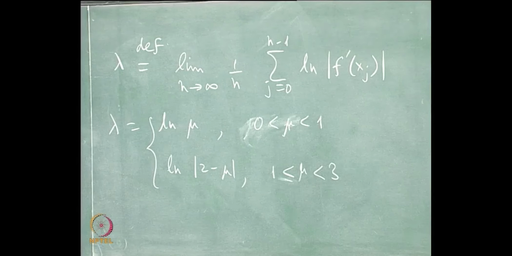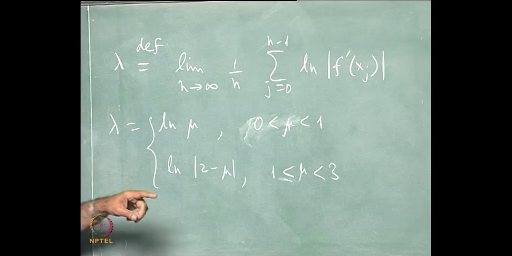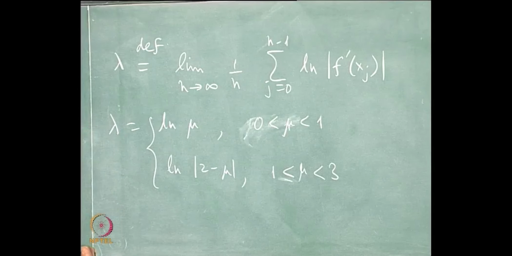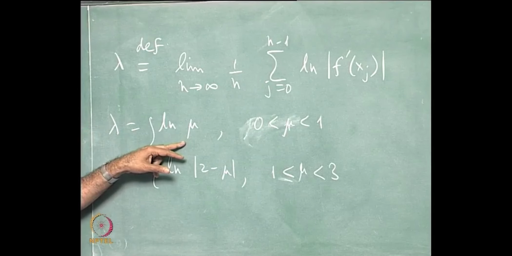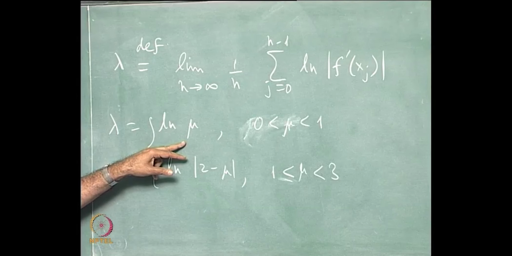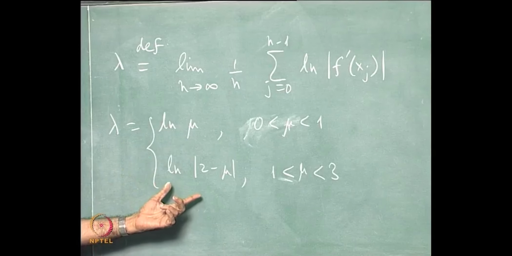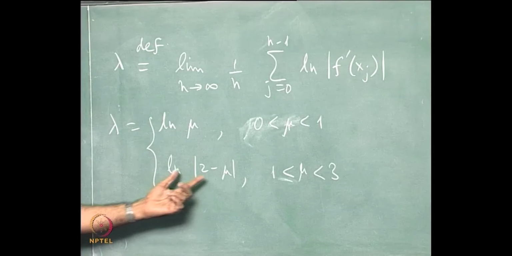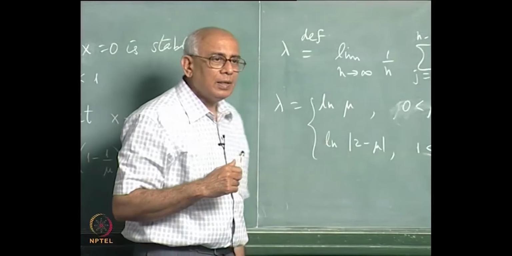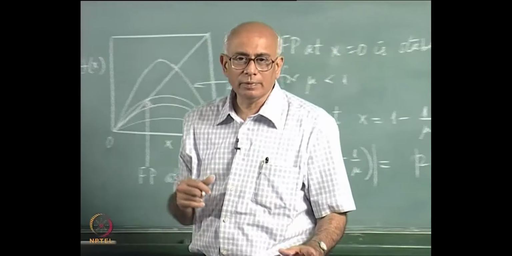So you can see what is going to happen when mu becomes equal to 1, then this Lyapunov exponent vanishes, and you would think the fixed point has become unstable, and therefore the system is going to go chaotic like the earlier tent map, but that does not happen. This fixed point takes over and its log is less than 1 here, and therefore you again have stability.